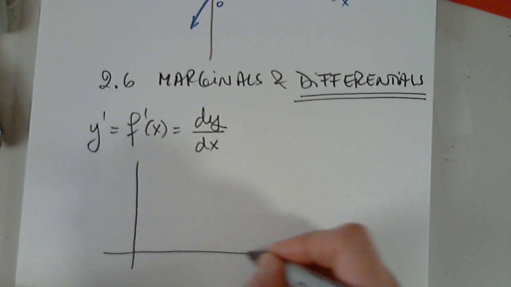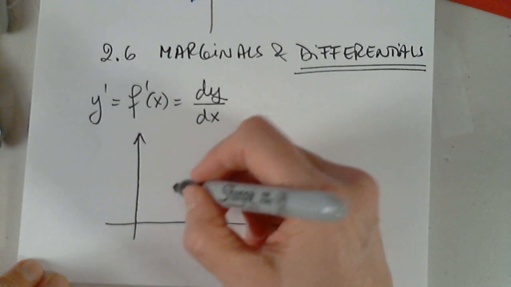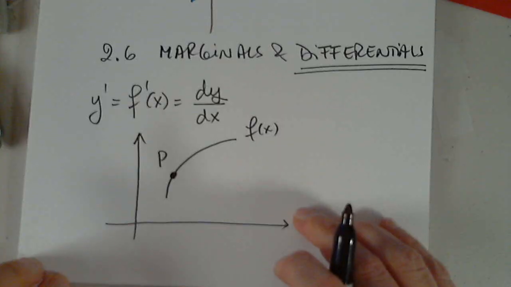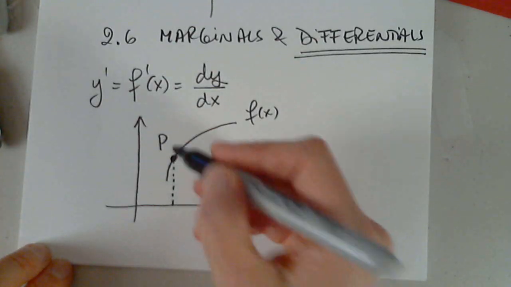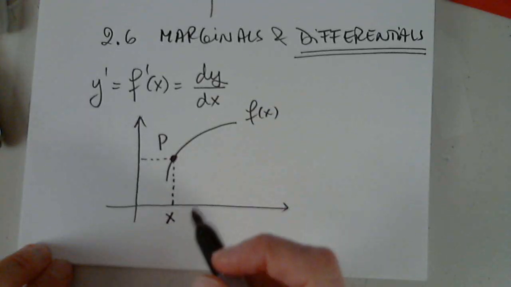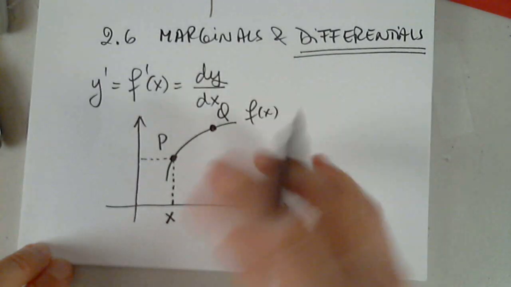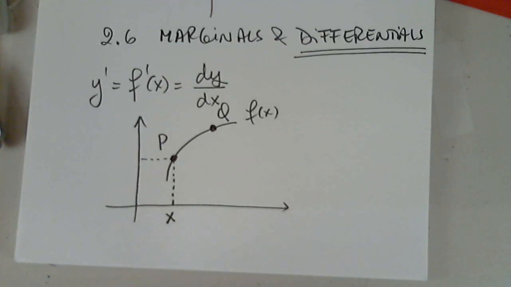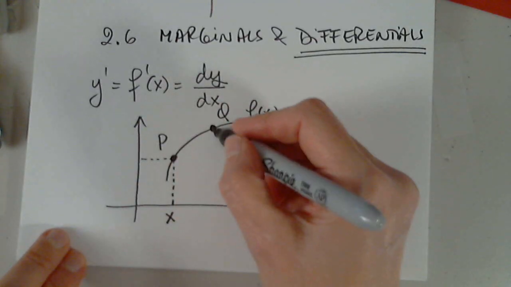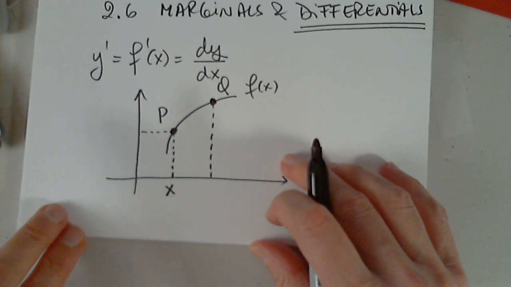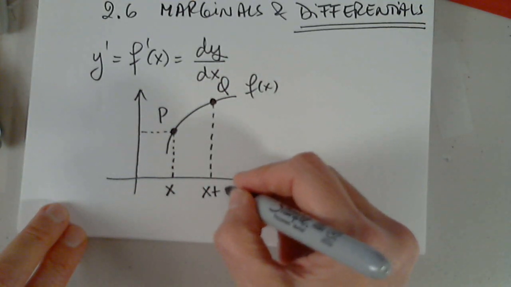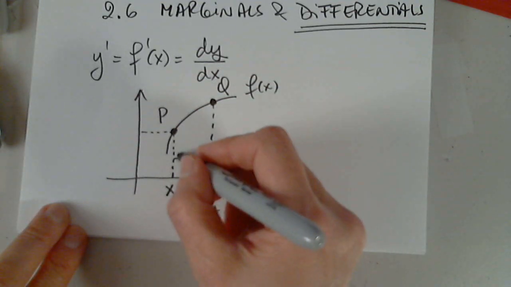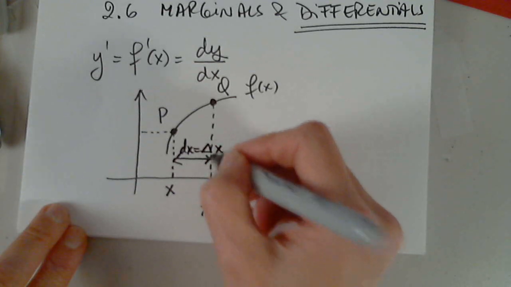Okay, so let's take a look at the following function. Let's say this is a function f of x. This is a point P, and the coordinates are x. And here's a point Q. P and Q are very close together, but if I put them right here, I'm not going to be able to explain. So just imagine that we zoom in. This is x plus dx, or x plus delta x, where dx equals delta x.